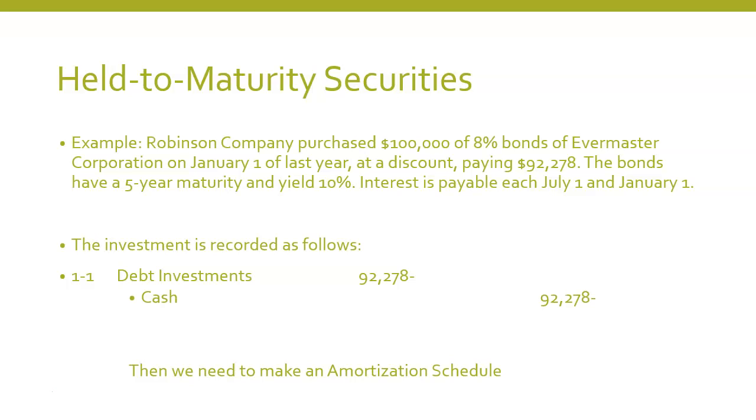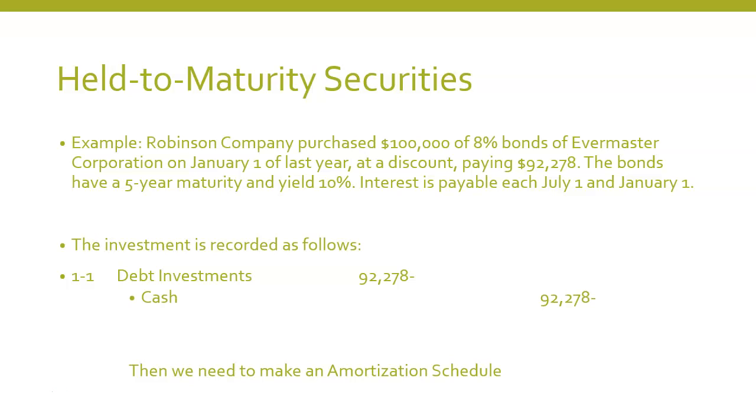And we need to make an amortization schedule. This is a held to maturity security. That means Robinson Company that purchased this investment is planning on holding it all the way to the end. This doesn't tell us how, 5-year maturity. So they're planning on holding it for the 5 years.